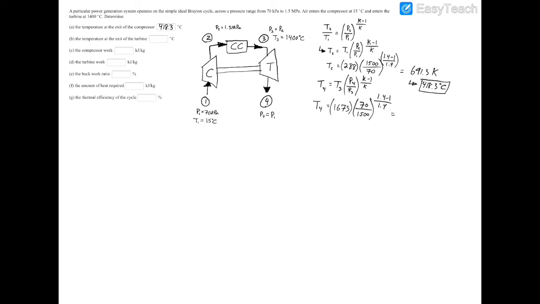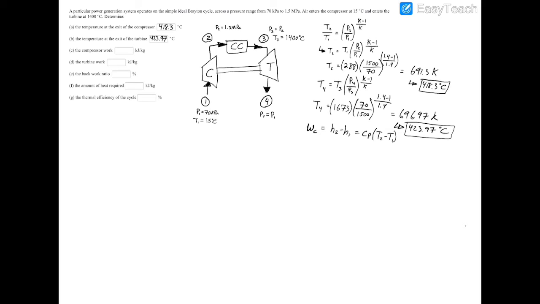And if you plug that into a calculator, you'll have that T4 equals 696.97 Kelvin, or in Celsius, it's going to be 423.97. Next, to find the work of your compressor, you have the work of compressor is going to be equal to H2 minus H1, or in other words, specific heat of air times T2 minus T1.